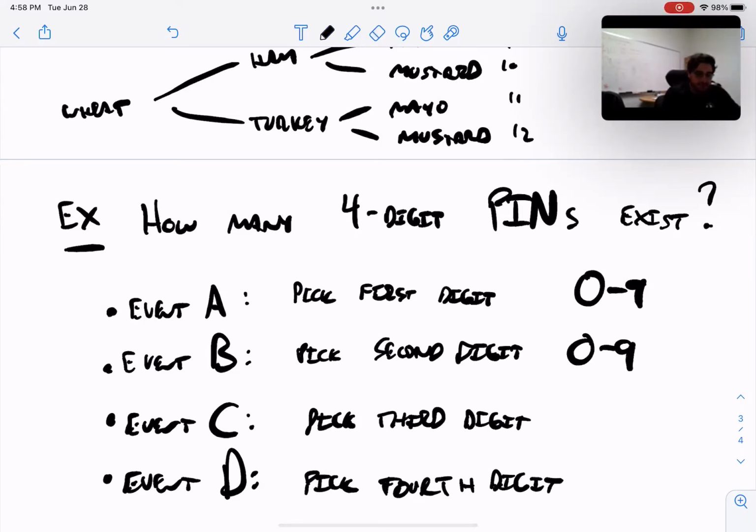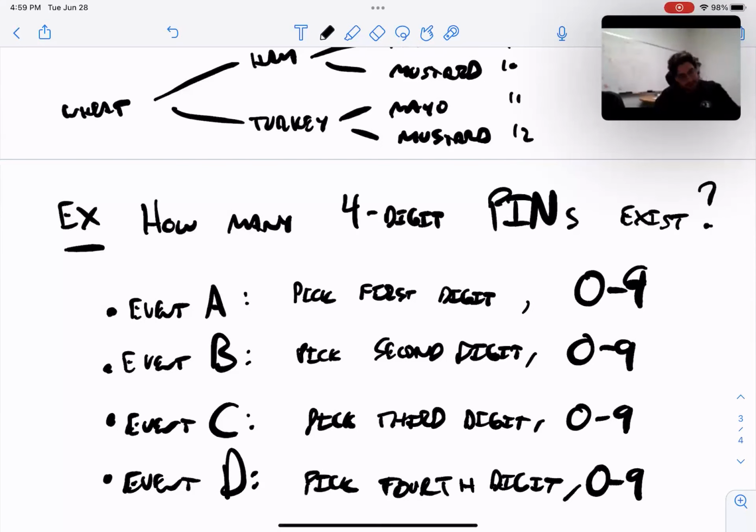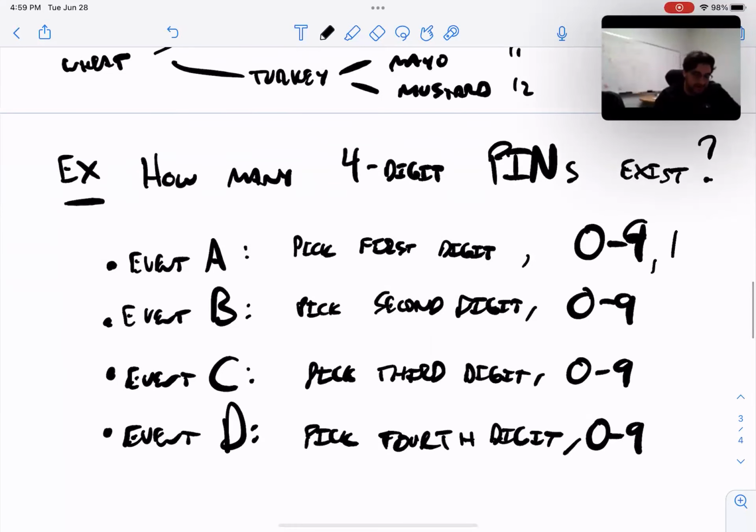So if I could pick out of 0 through 9 for each of my events, then what do I have? I have 10 options in each case. There are 9 numbers from 1 through 9. So then with 0, that's 1 extra. It's 10. So I have 10 options for each of these. And so then what can I say?